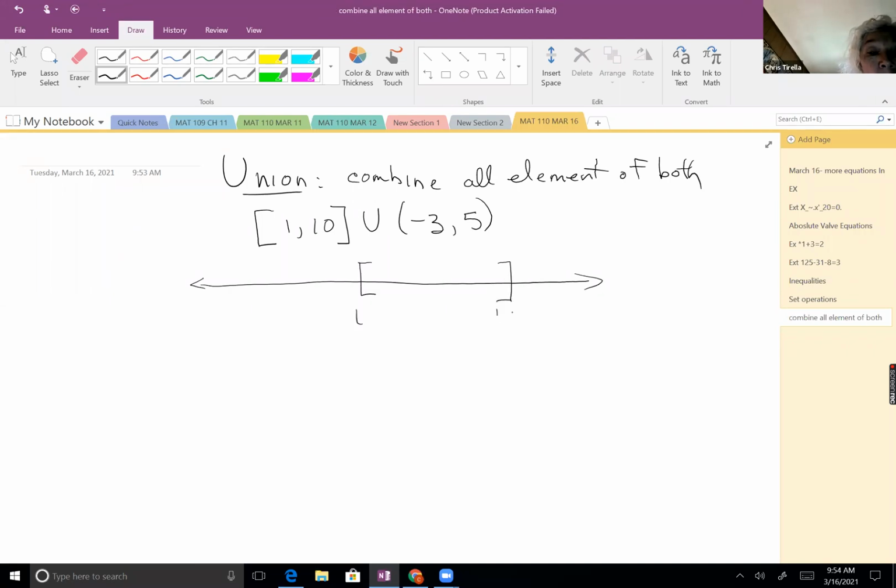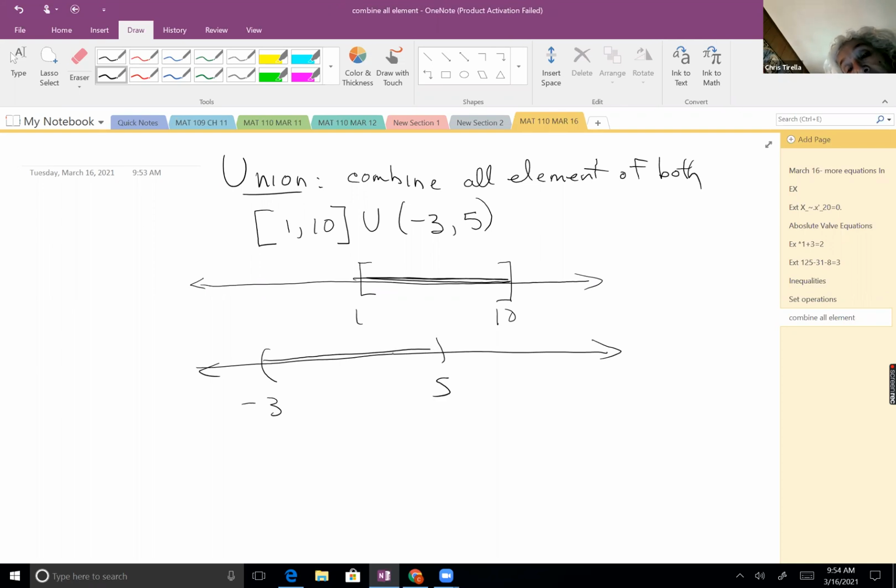the first one again is values from 1 to 10, including the 1 and 10. The second one is values still -3 to 5, not including either. But now if I combine them, I don't want just the overlap, but I want everything from both.